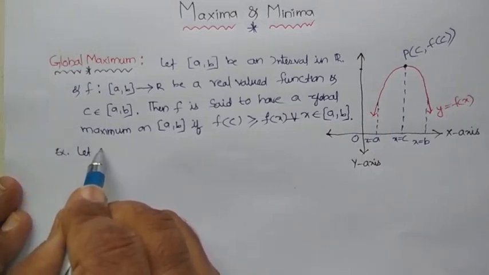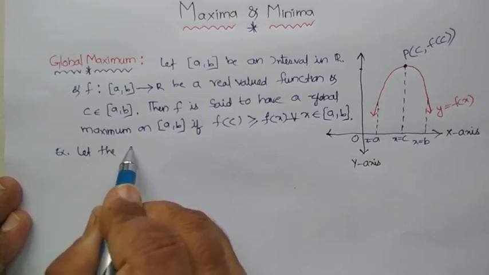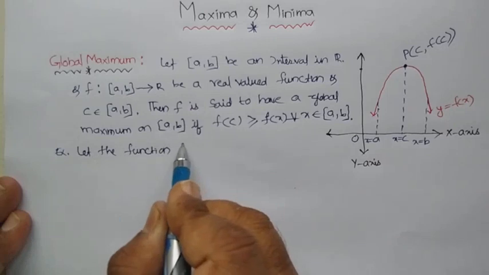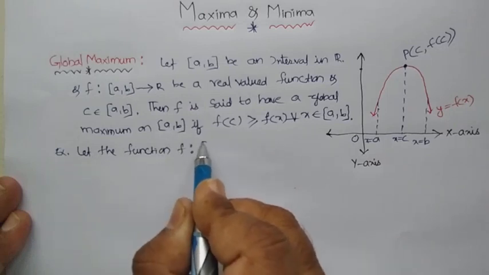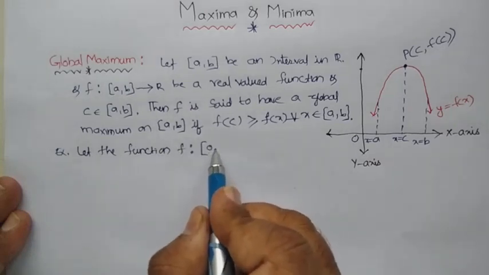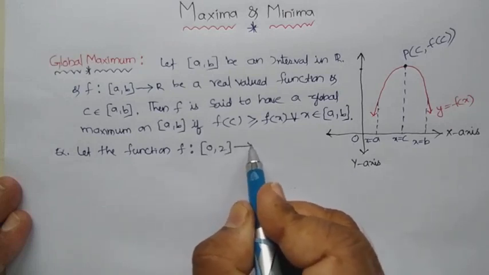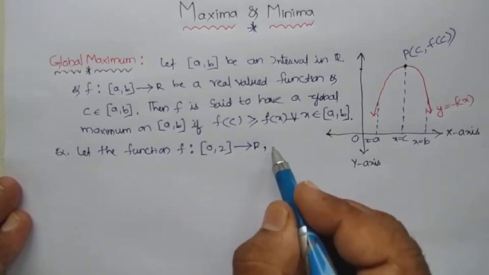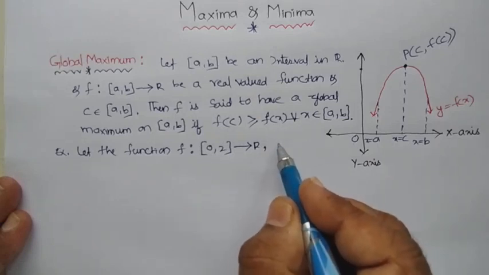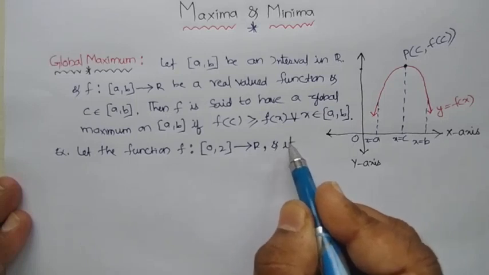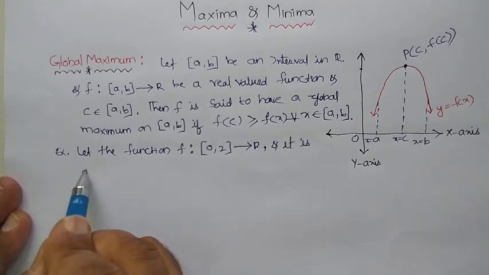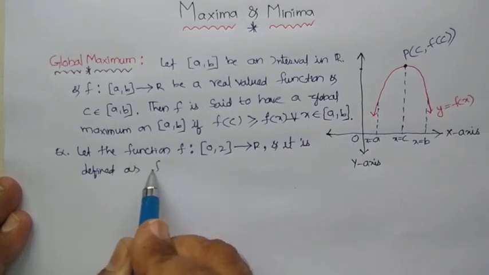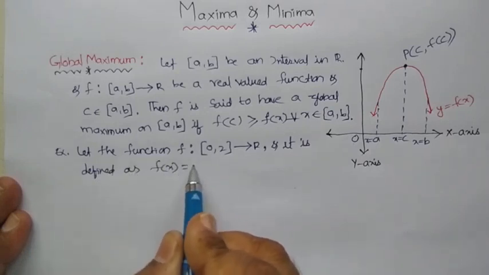Let the function f be defined on the closed interval 0 to 2 tending to R, and it is defined as f of x is equal to x square.